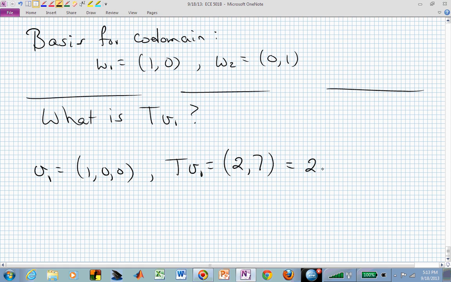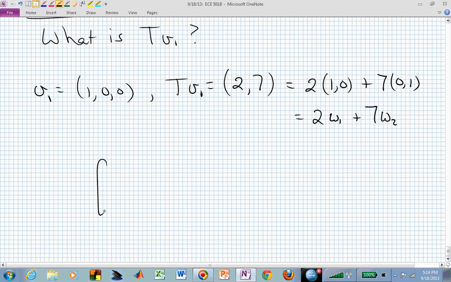That should just be 2 times (1, 0) plus 7 times (0, 1). That's our standard basis, isn't it? And that's now just 2 times W1 plus 7 times W2. So this TV1 is A11 W1 plus A21 W2.